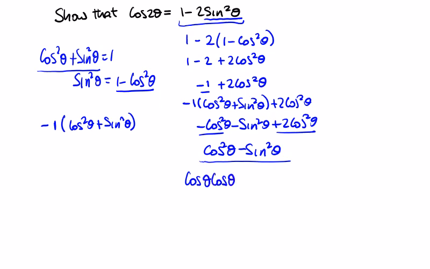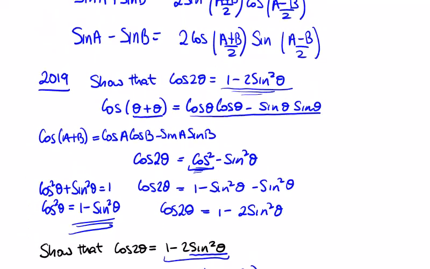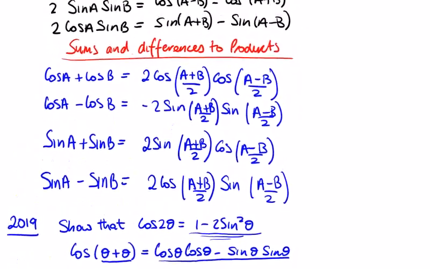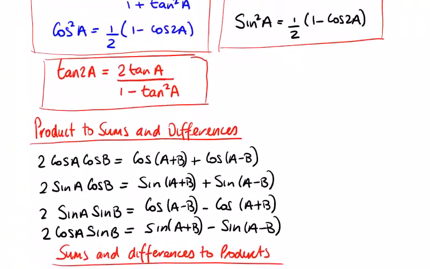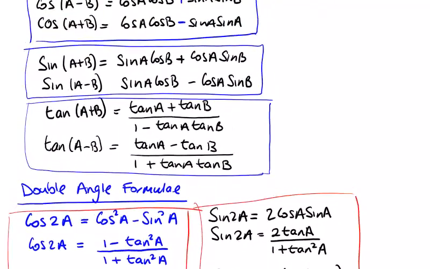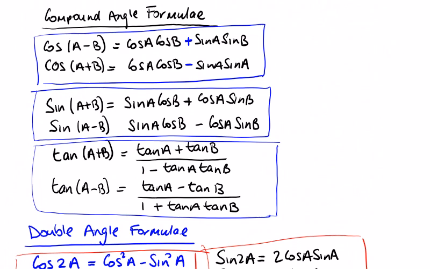So it's kind of what we started with the last time, that's cos A cos B minus sine A sine B, which, let's just double check, is equal to cos of (A plus B) here.